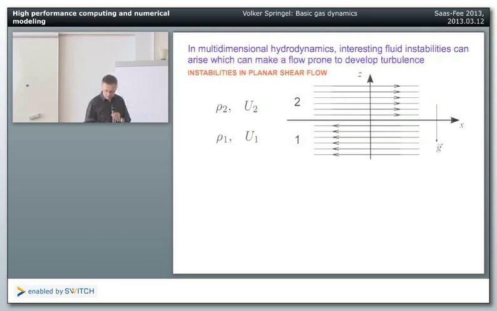So for example, let's consider a situation like this, that we have a so-called shear flow, that along the x direction, this upper half of the plane is supposed to have density ρ2 and flows to the right with velocity u2. And the lower half flows to the right with velocity u1. Sorry, this is actually suggesting flows to the left, but the sign convention here is also to the right for this velocity.